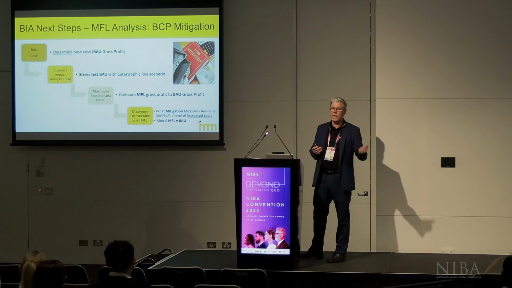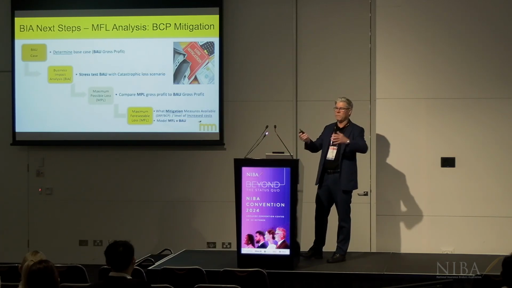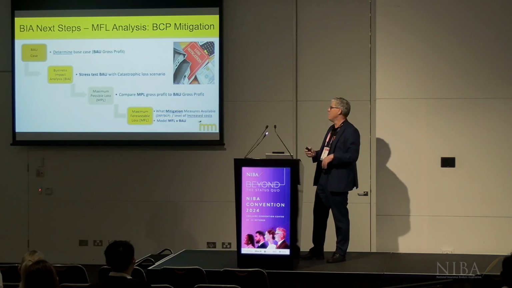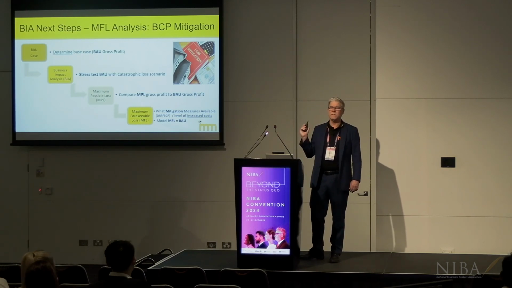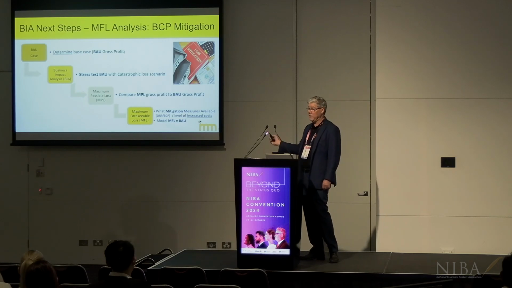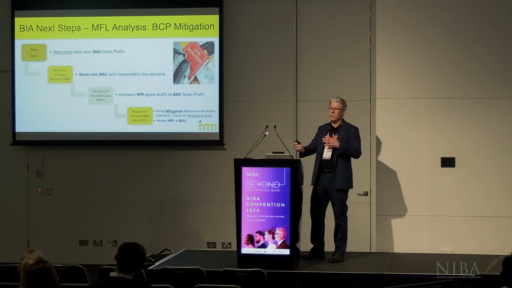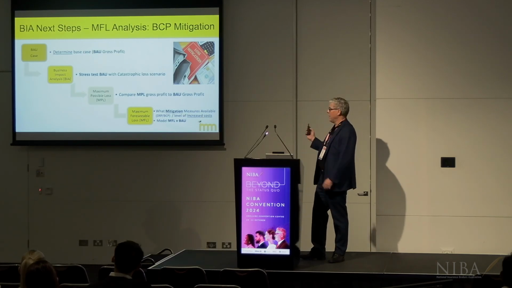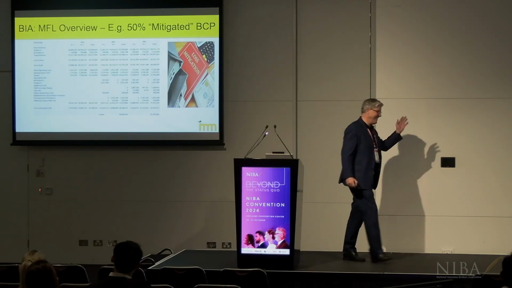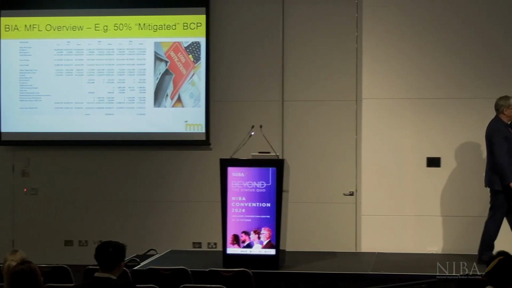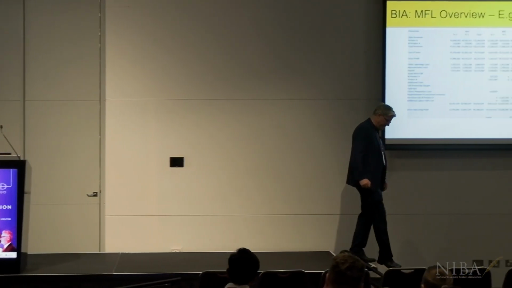Then you compare that maximum possible loss, which is really what your declared values show by location, but then add in all the mitigation measures that the client says they're going to take in the business continuity plan, and work through how much that would cost. Ultimately, and because I'm an accountant originally, there are obviously a lot of numbers up there, but the top line is what it's meant to focus on.